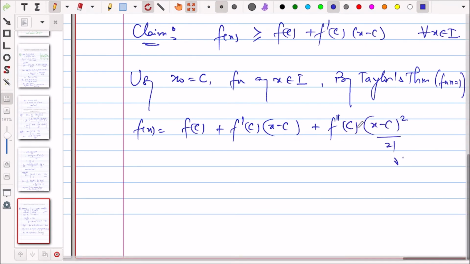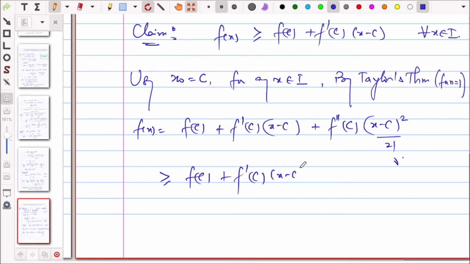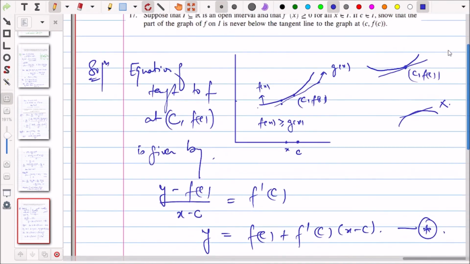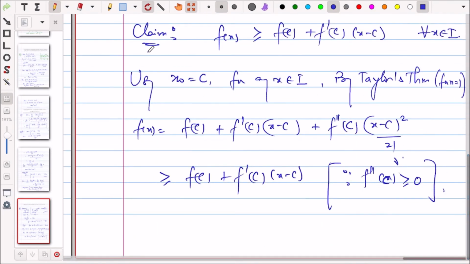Now if you see this, this second derivative is given to be positive, and this is a square, so this term is positive, which means f(x) is greater than or equal to f(c) plus f'(c)(x minus c). This c is different; this c lies between c and x, so we can write it as d.